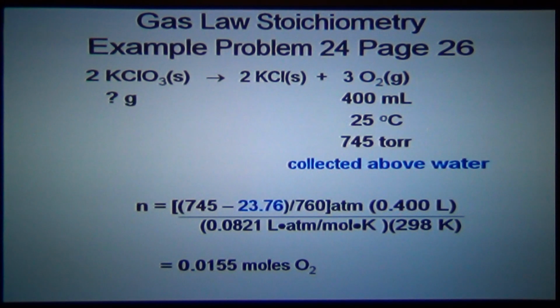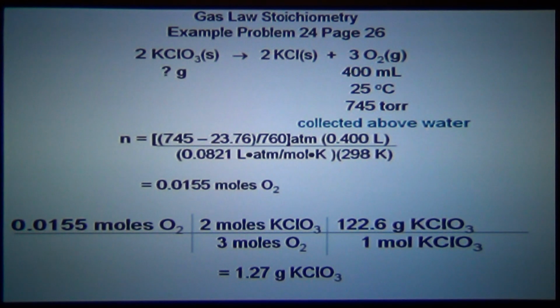made in moles. Once I have moles of oxygen, I can then stoichiometrically compare that back to the amount of my starting material. So now that I have moles of oxygen that was produced, I can set up a mole-to-mole ratio between the amount of oxygen that was made versus the amount of KClO3 I started with. So the balanced equation says for every 3 moles of oxygen that I make, I had to start with 2 moles of the KClO3.